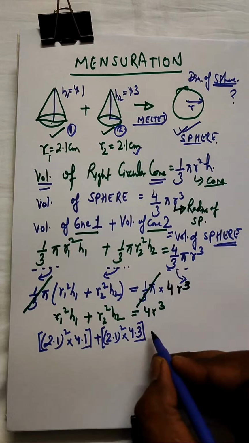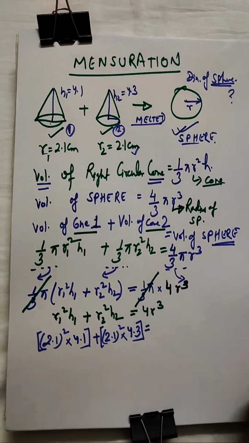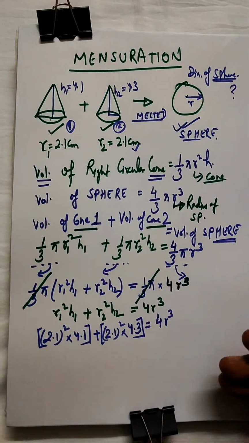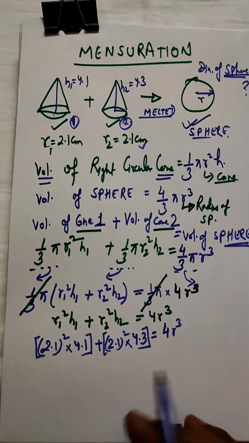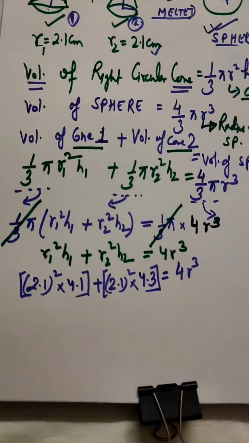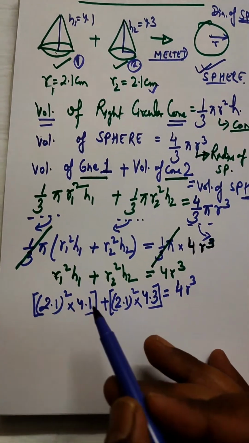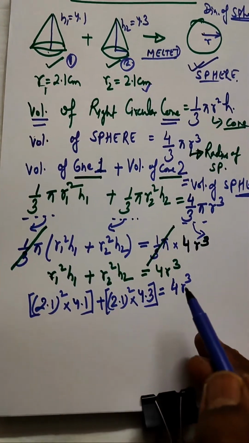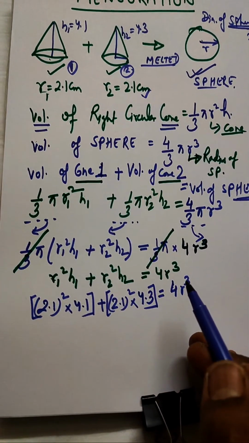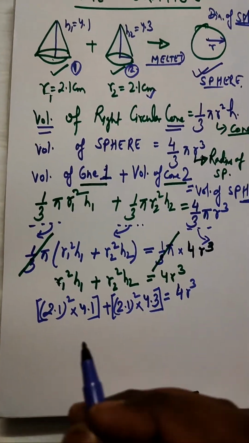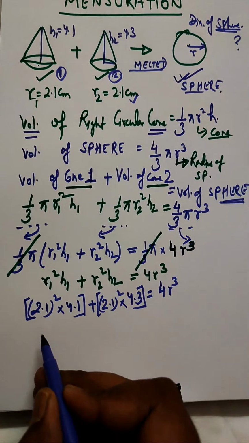These are the total terms in the LHS, and in the RHS we have 4r cube. So you can see in the entire equation there is only one variable r, and the rest of the terms are known to us, right? So we can easily calculate the value of r. So just go ahead and do it.